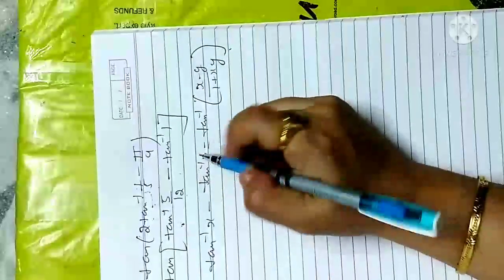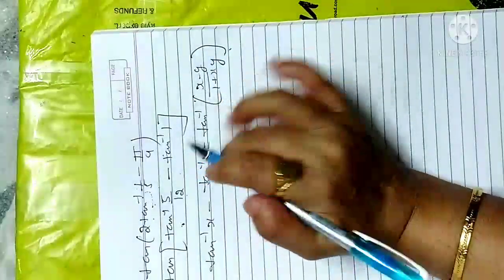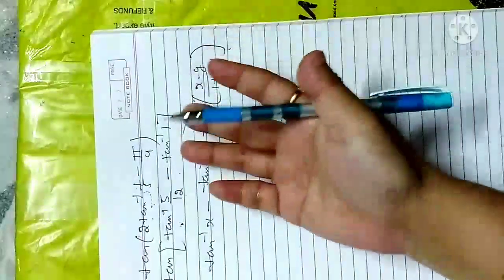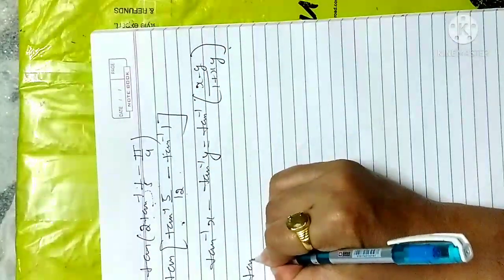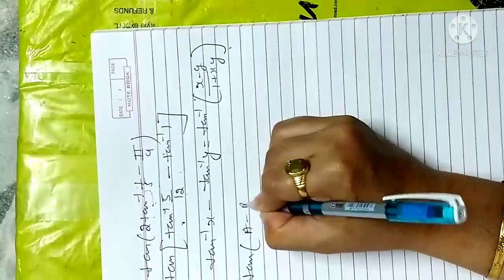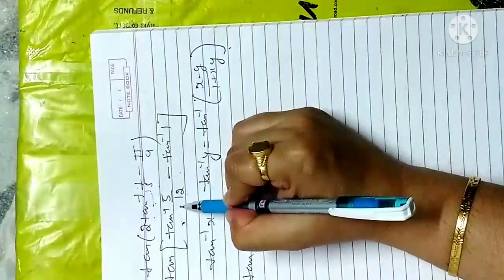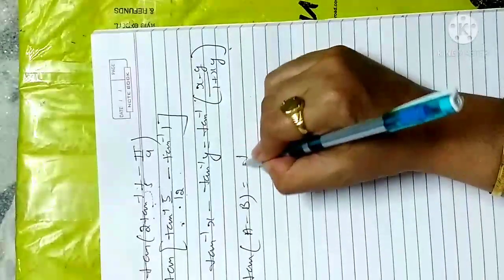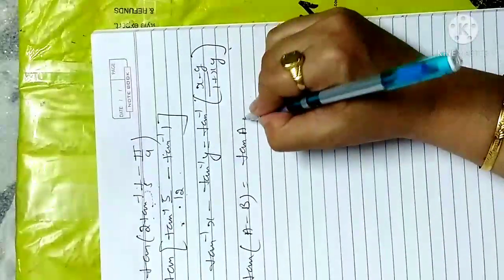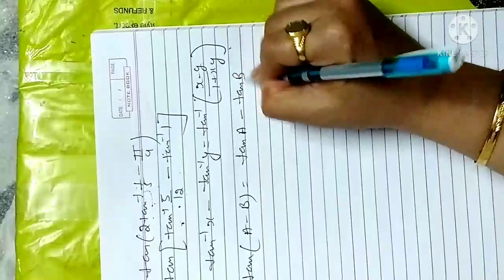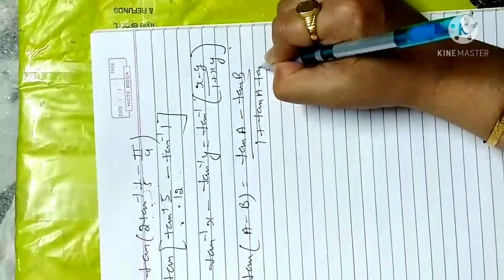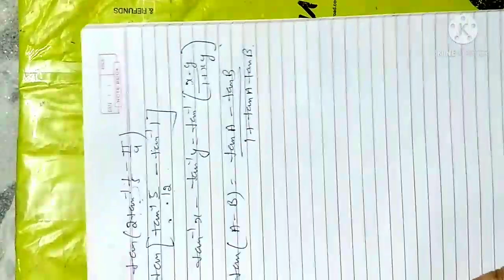For that I don't want to change pi by 4 to tan inverse 1. So in that case this will be the a term, this will be the b term. Tan a minus b formula is tan a minus tan b upon 1 plus tan a tan b.